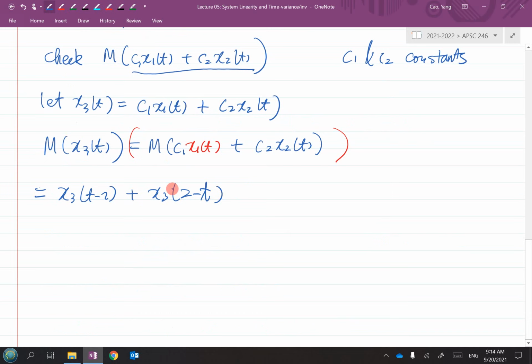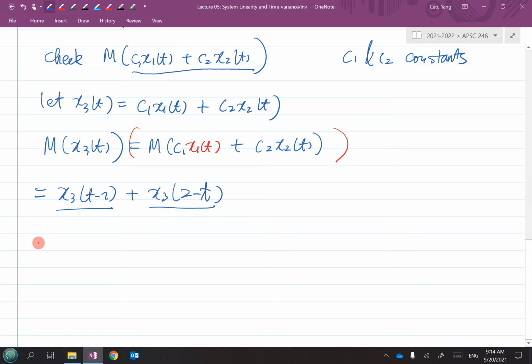Okay. So now it's up to me to find out what x3 of t minus 2 is and what x3 of 2 minus t is. Those are two functions, basically two inputs. So what is x3 of this, and x3 of this? Let's do it separately.